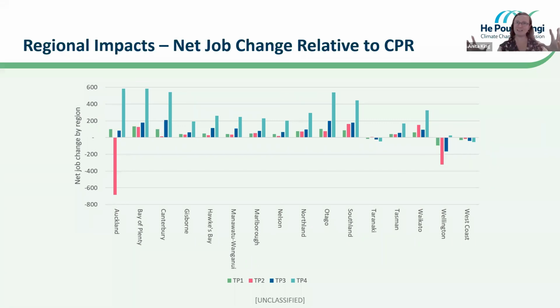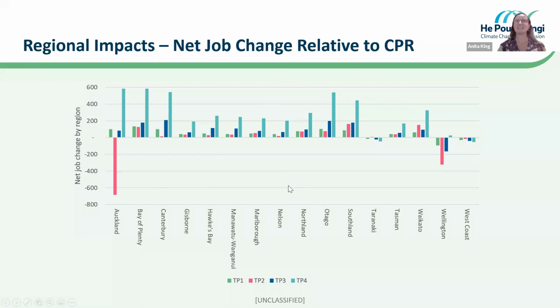We do that for every industry. We then add up the people affected from each region. So where we are gaining jobs relative to the CPR, which might mean we're losing fewer jobs like we did in the beef and cattle industry, that's a positive. And when we are losing jobs compared to CPR, that's a negative. Add them all together and we get something like this.